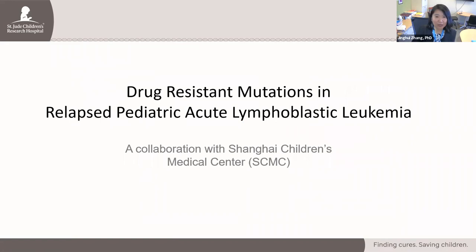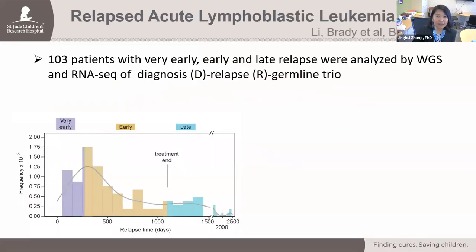So next I want to talk about the collaboration we have with Shanghai Children's Medical Center with a focus on looking into drug-resistant mutations in relapsed pediatric ALL samples. This study was recently published in Blood this year. We performed whole genome sequencing and RNA sequencing of diagnosis, relapse, and germline trios of 103 patients treated in China.